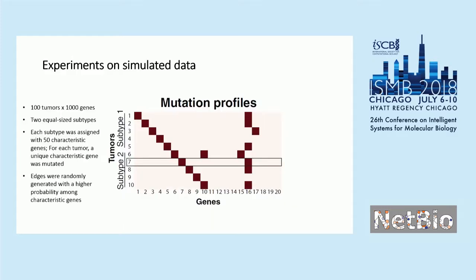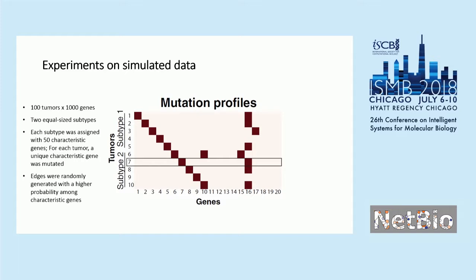To better demonstrate our algorithm, we first performed a simulation. The simulated data contains 100 tumors and 1,000 genes. The tumors were divided into 2 equal-sized subtypes. Our goal was to recover these 2 subtypes, as well as to reveal the underlying subnetworks of these 2 subtypes.